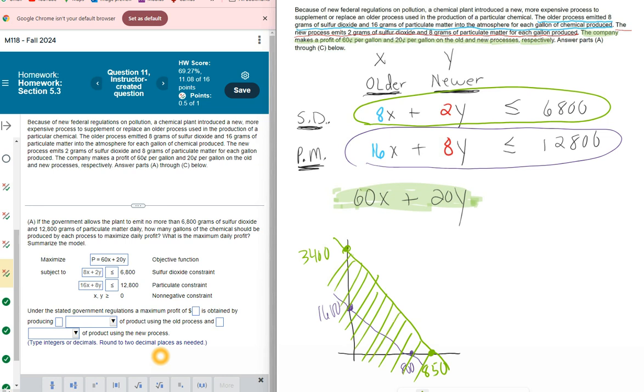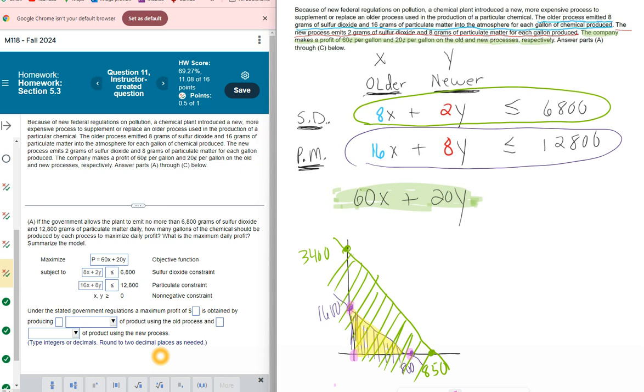So I shade towards the 0 on the green, but you also shade towards the 0 on the purple. And so your feasible region, go with yellow on this, is this triangle right here. So my 3 corner points, which I will put in bright pink, are 0, 0, and then 0, 1,600, and 800, 0.